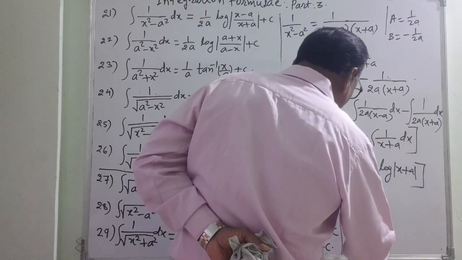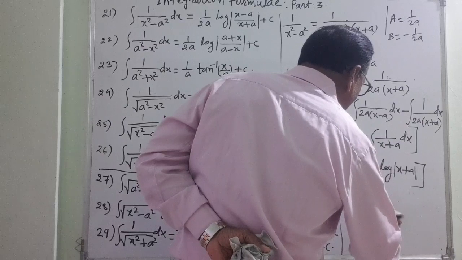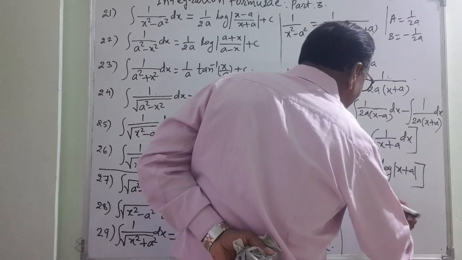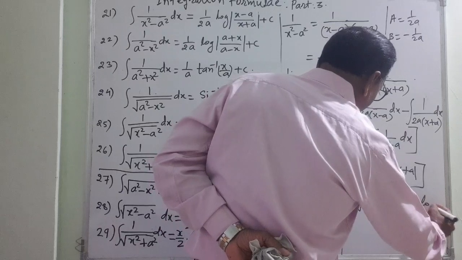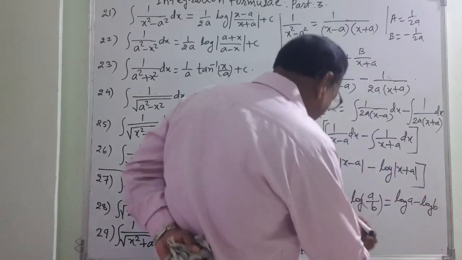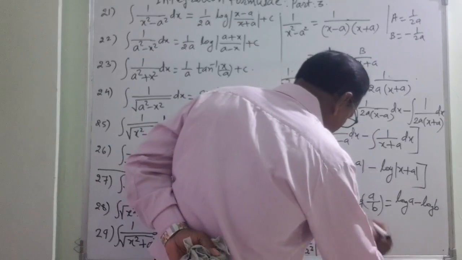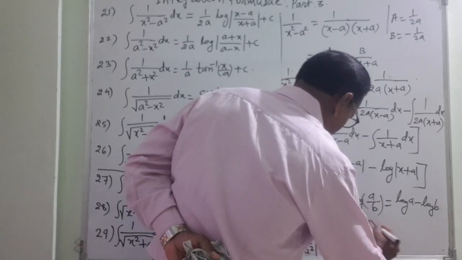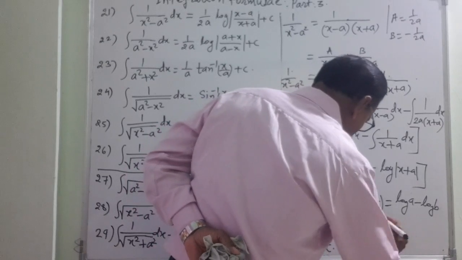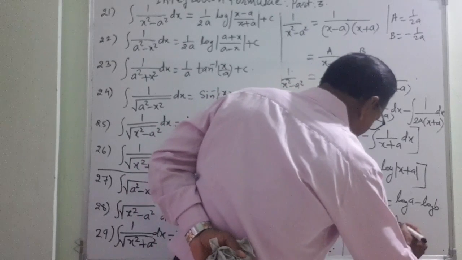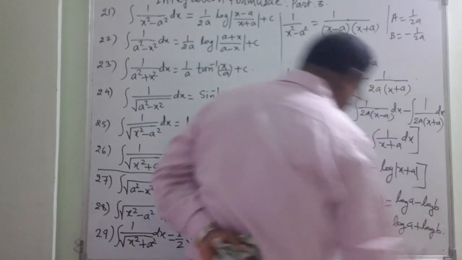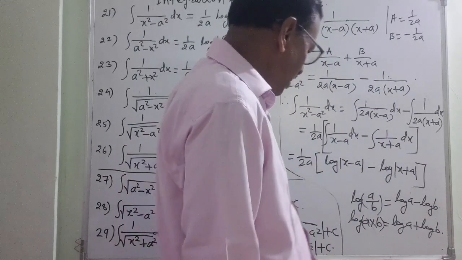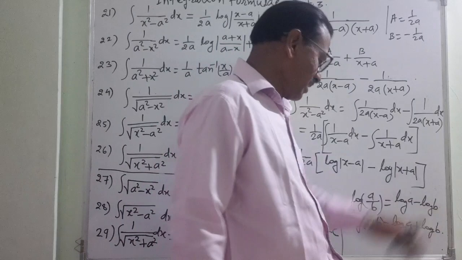If it is a log of a upon b, then its expansion will be log of a minus log of b. If it is log of a into b, then it will be log of a plus log of b. Means for division, it will be the minus in between.